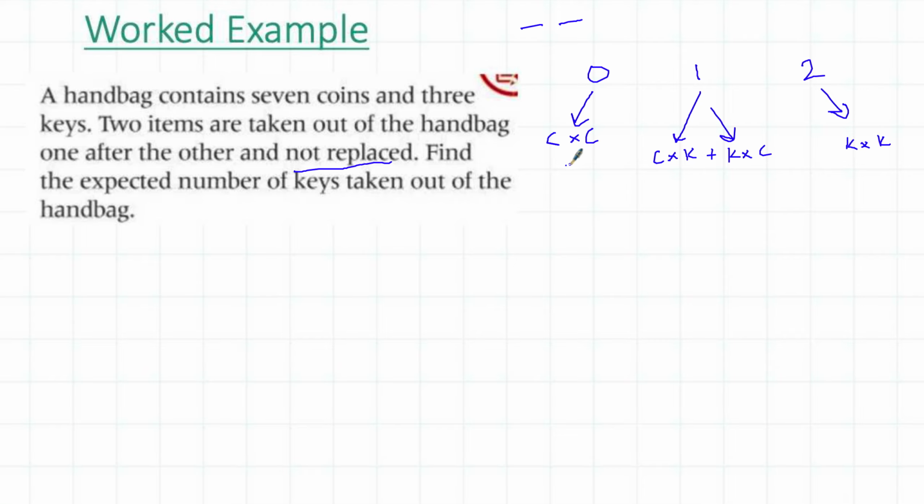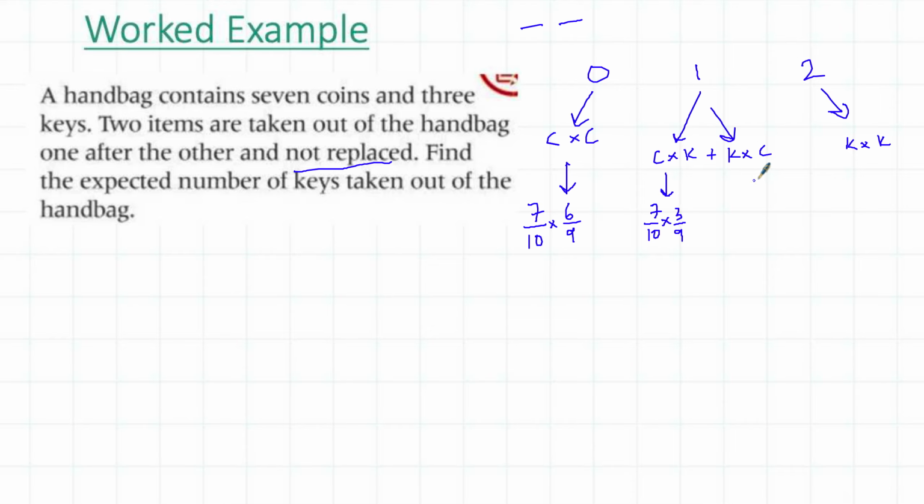So how would I calculate these? You calculate them as you normally would. What's the probability of not getting a key and only getting coins? The probability of getting the first coin is 7/10. The probability of getting the second coin is 6/9. In here, the probability of getting a coin would be 7/10. The probability of getting a key would be 3/9.